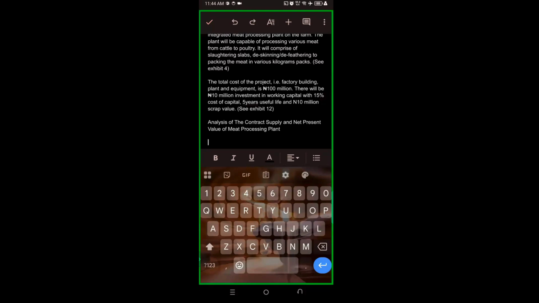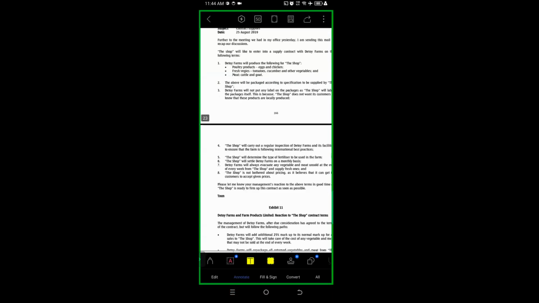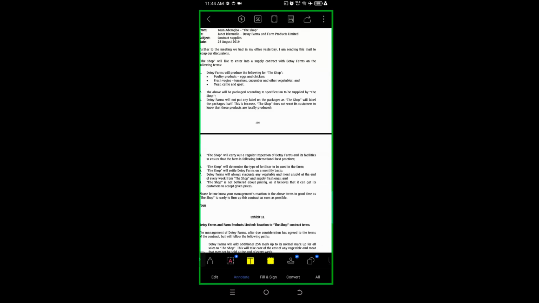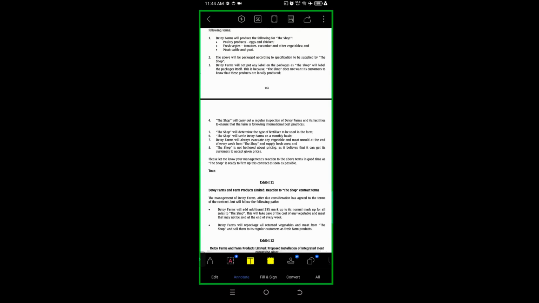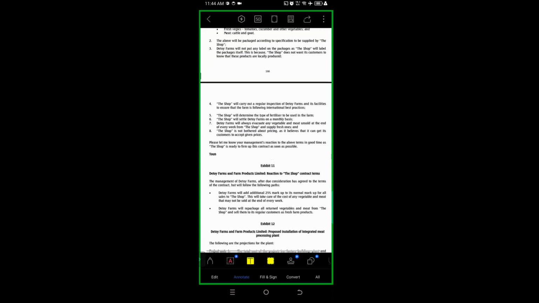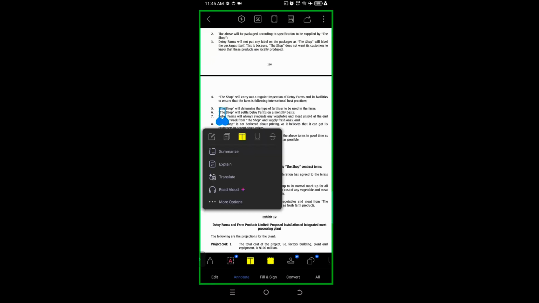So now I can move to the contract supply and look at two terms there that I may find issue with. I can talk about terms 5 and 8.